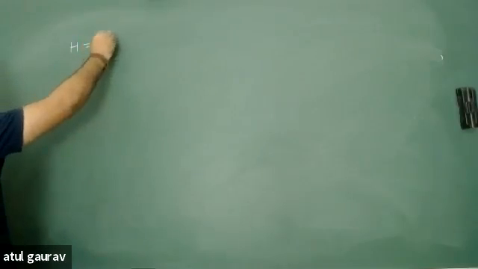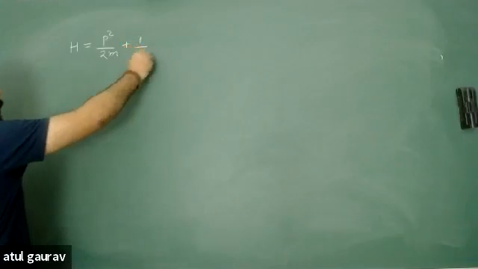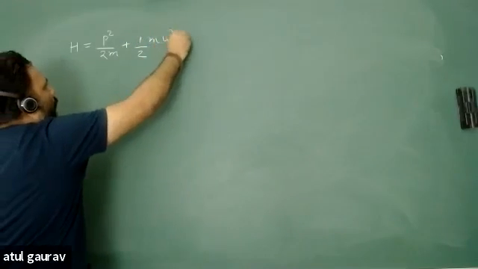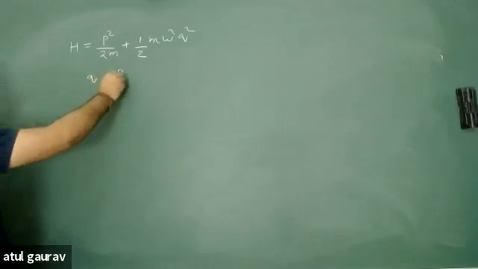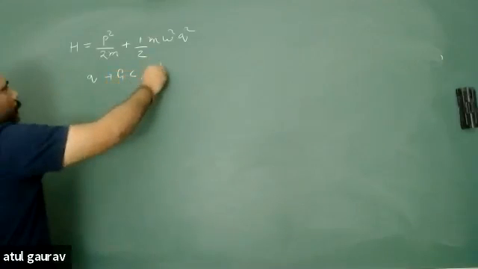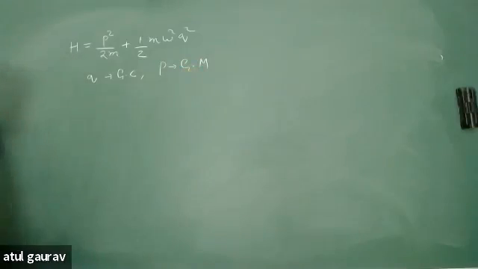Suppose the Hamiltonian of a harmonic oscillator is p² upon 2m plus half mω²q², where q is the generalized coordinate and p is the generalized momentum.